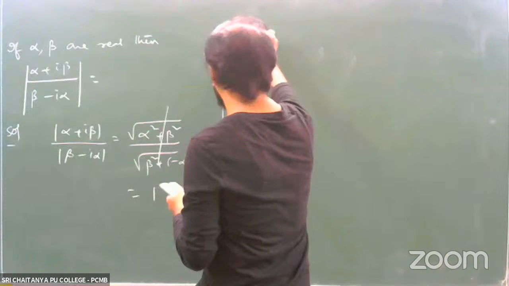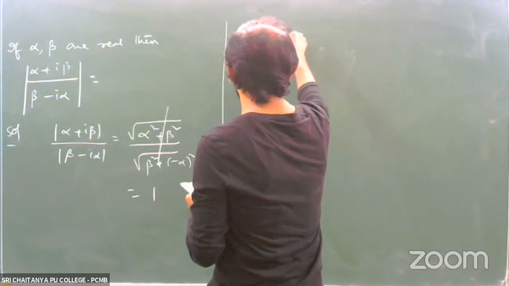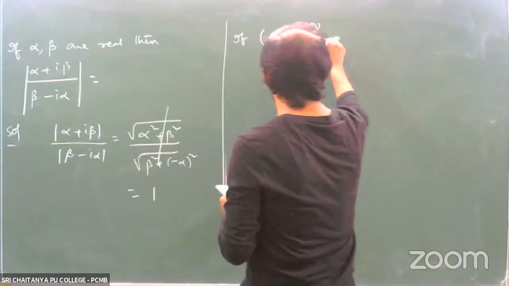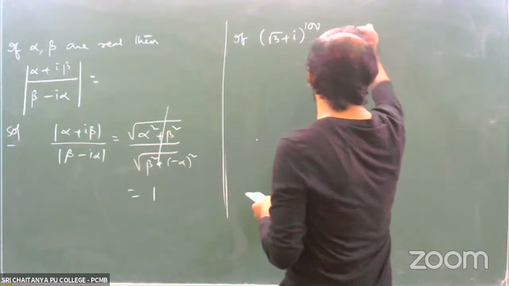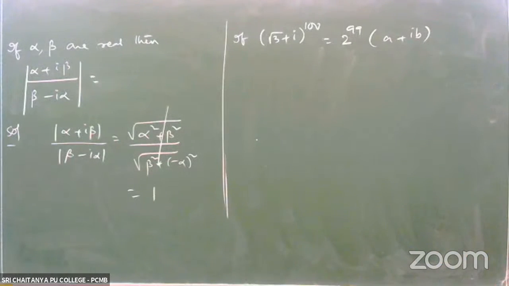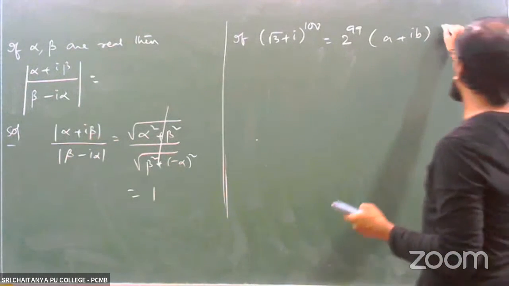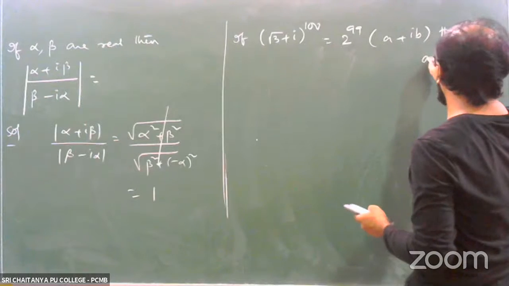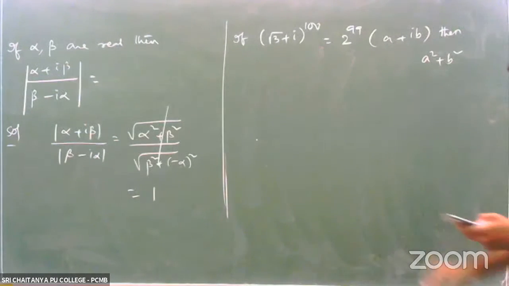If (root 3 plus i) power 100 is equal to 2 power 99 into (a plus ib), then he asked you to find a square plus b square.